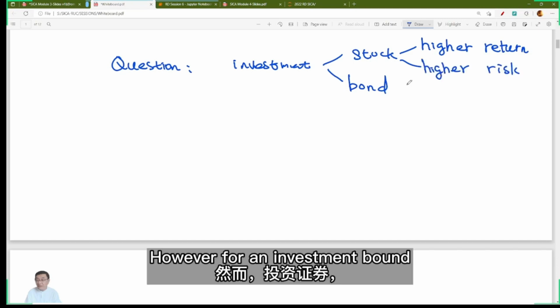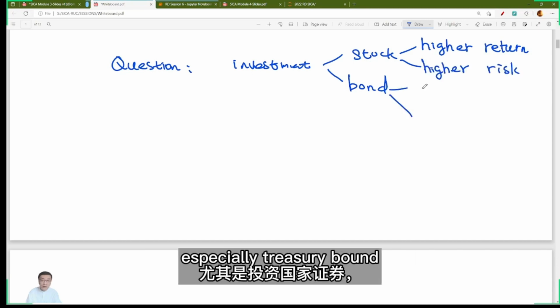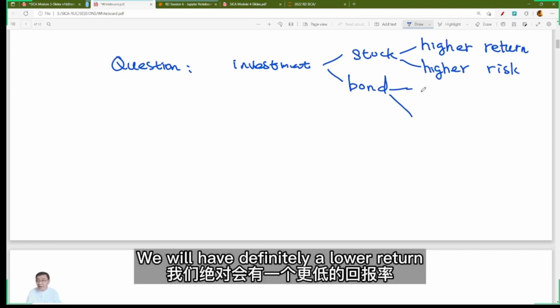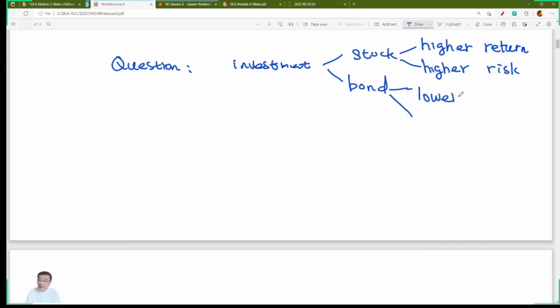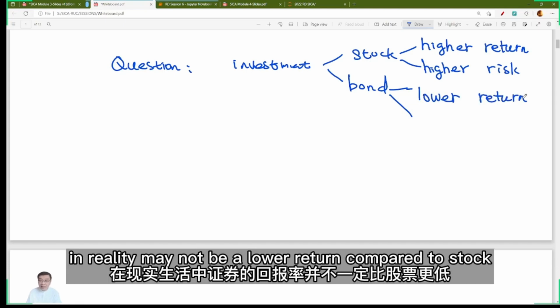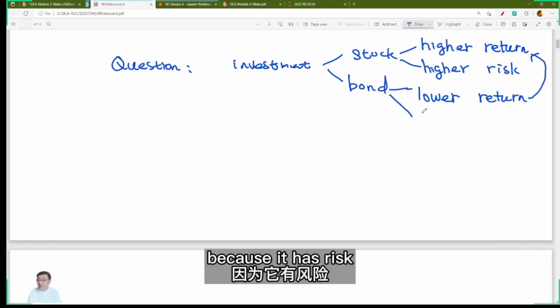However, for an investment in bond, especially treasury bonds, there is less risk of default, right? We will have definitely a lower return. Theoretically, not in reality. In reality, it may not be a lower return compared to stock because it has lower risk.